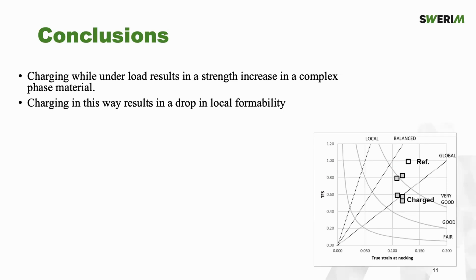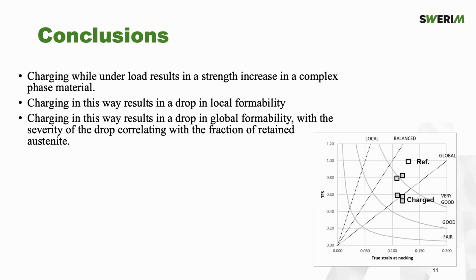And one of the most characteristic drops is probably the drop in the local formability. You could also see a drop in the global formability, which is also strongly correlated with the amount of retained austenite in the samples.